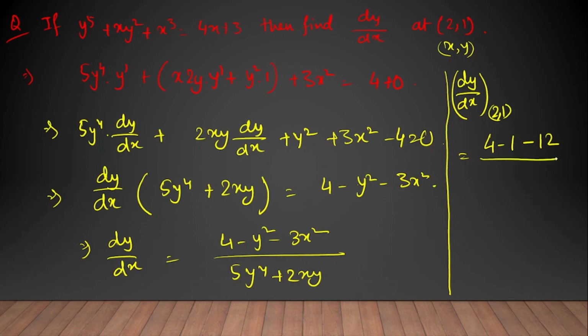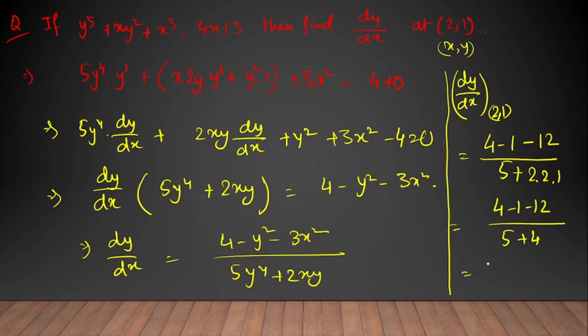Okay, after that 5y power 4 is 1, as it is 5 plus 2 into x is 2, y is 1, that is we can write here 4 minus 1 minus 12 divided by 5 plus 4.